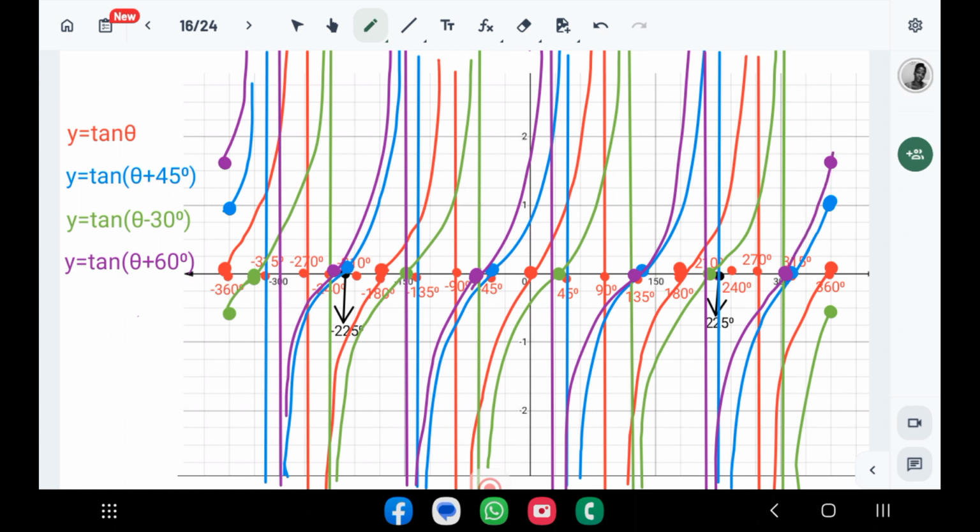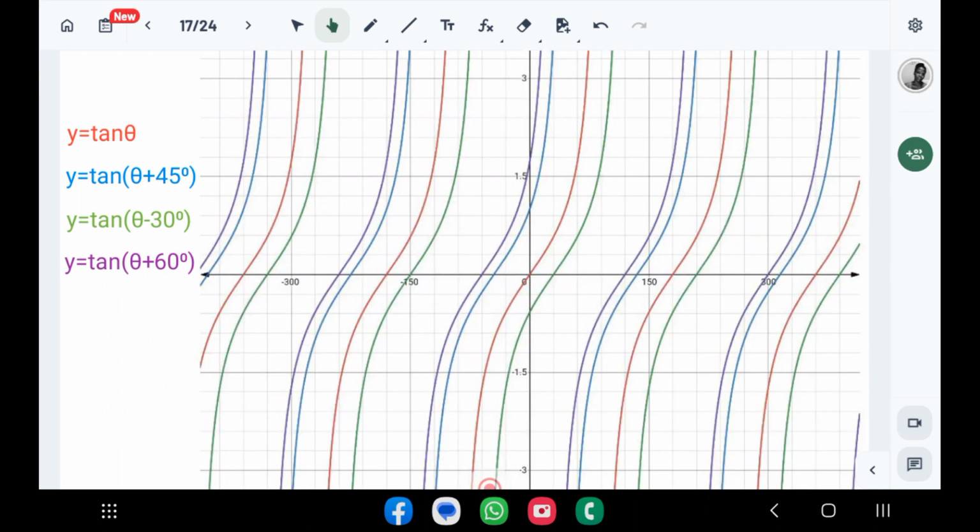There. And that is how you draw the shifted graph along the x-axis of the tangent graph. Now let's look at the graph drawn in a graph calculator. They're not supposed to cross, and that's how they're supposed to go. All right.